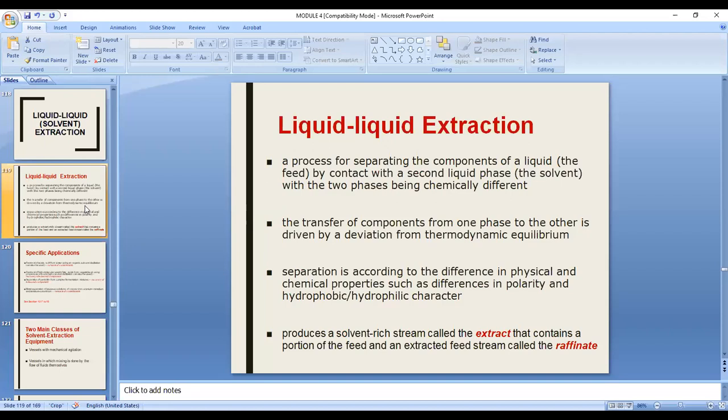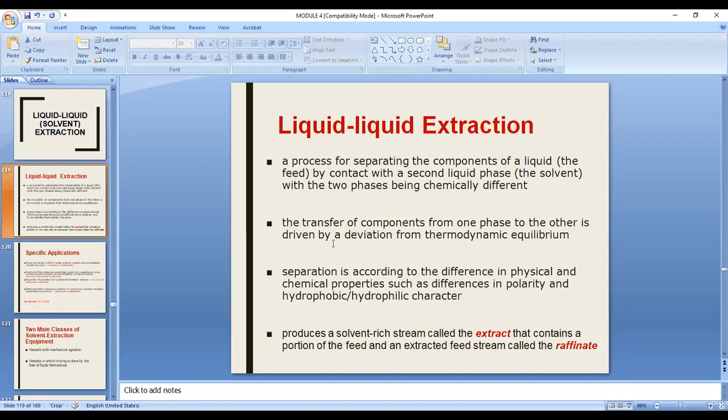Now, the transfer of component from one liquid phase to another will, of course, be driven by the deviation from thermodynamic equilibrium. So once equilibrium is reached, even though there is no stopping in the transfer, the transfer from one phase to another back and forth is just the same, referring to the rates. So there won't be a net transfer of the mass from the feed to the solvent phase.